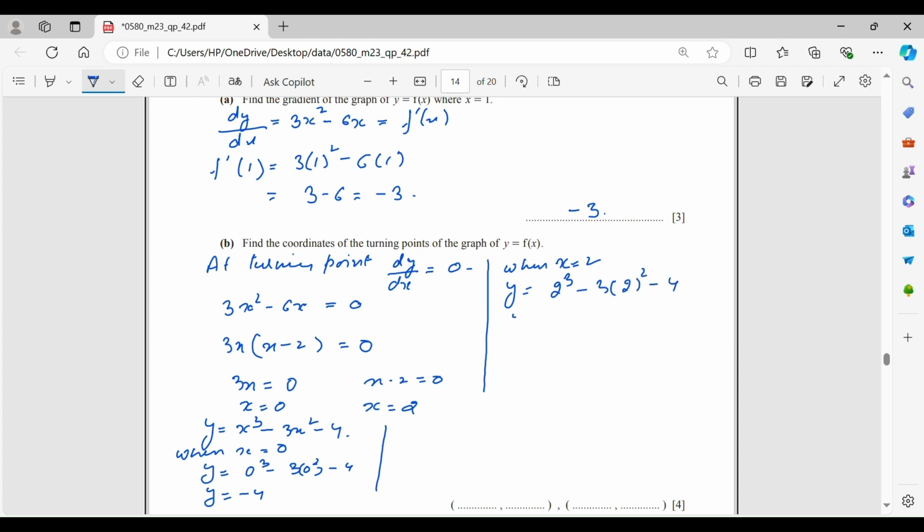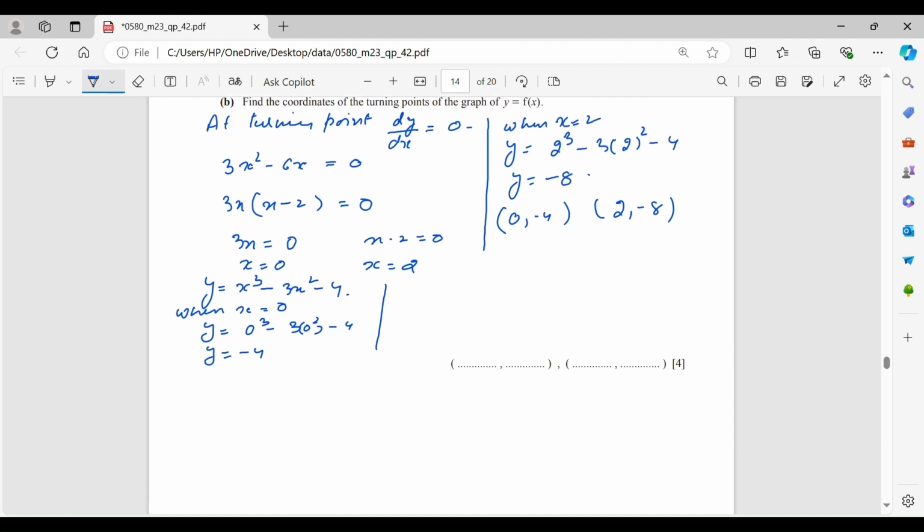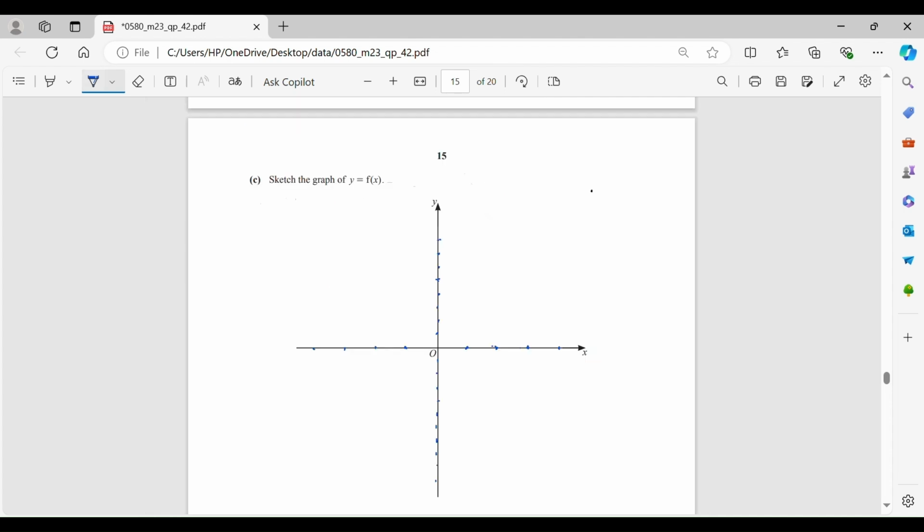Y will be equal to, we will use the calculator for this, that will be equal to minus 8. So coordinate points will be, one is 0 and minus 4, other will be 2 and minus 8, right? This will be our answer, 0 minus 4, other is 2 and minus 8, right?